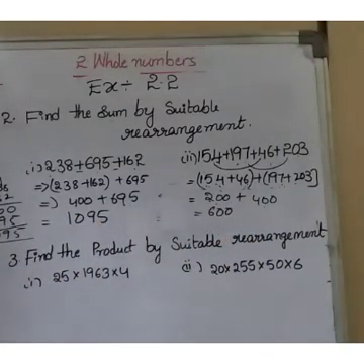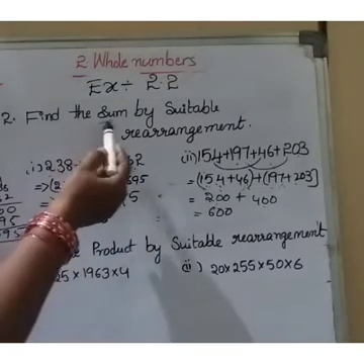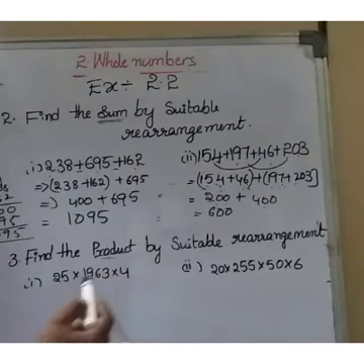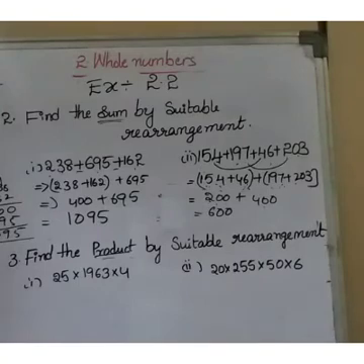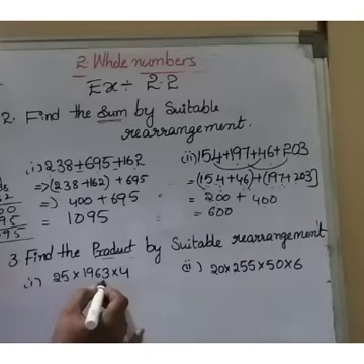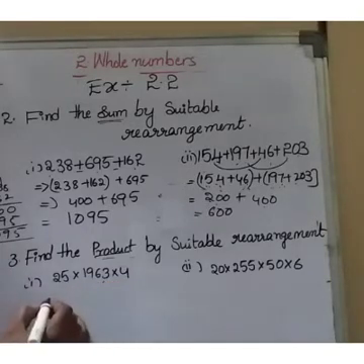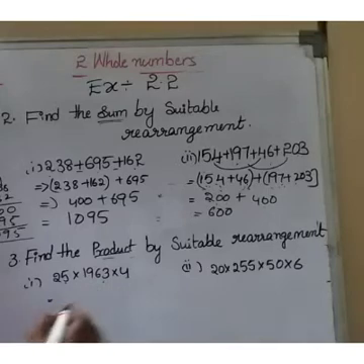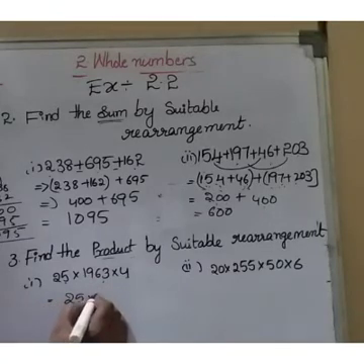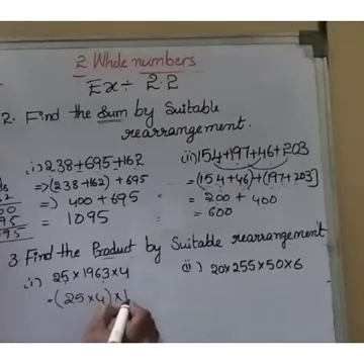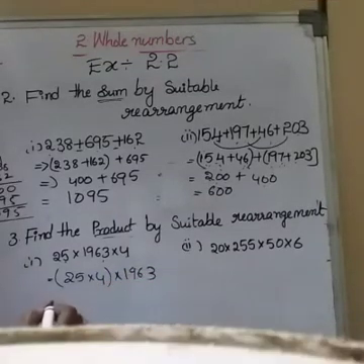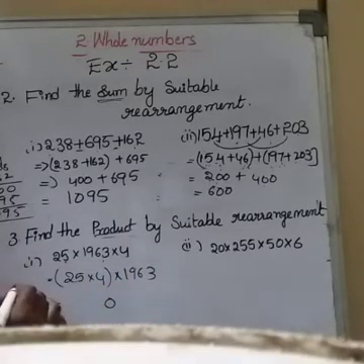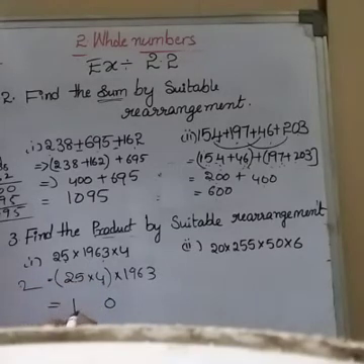Next, find the product by suitable rearrangement. Here sum means addition, product means multiplication. Now do it with multiplication. 25 into 1963 into 4. Write 25 and 4 in one bracket because 25 into 4, what will come? 100 only, no? 4 5s are 20, 4 2s are 8, 8 plus 2, 10.